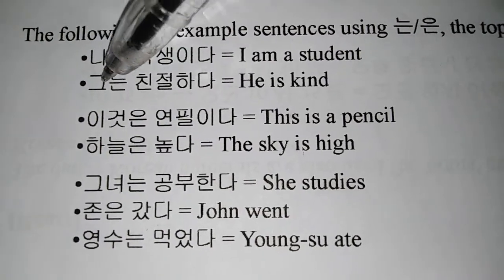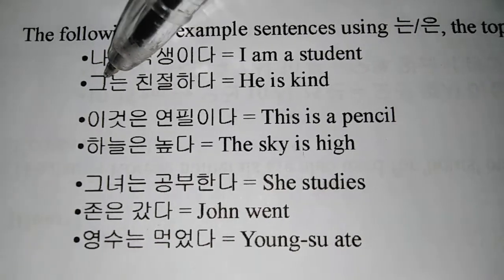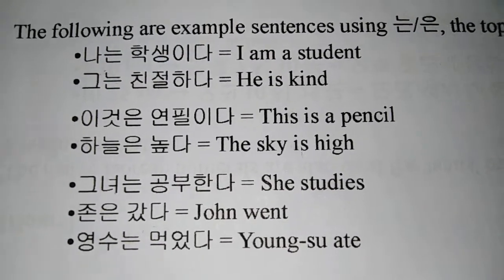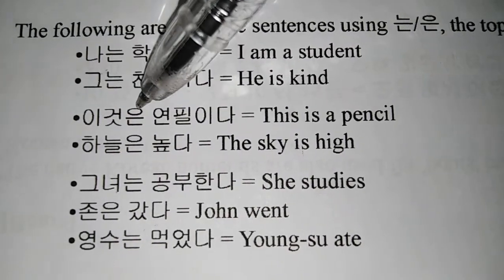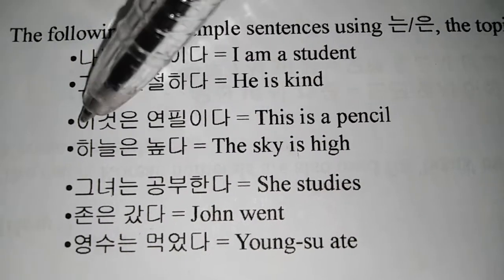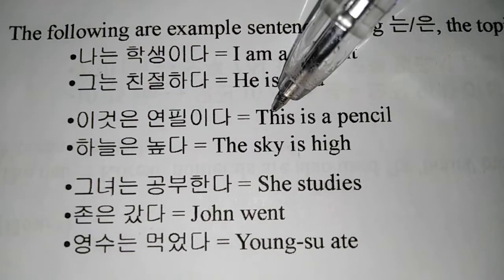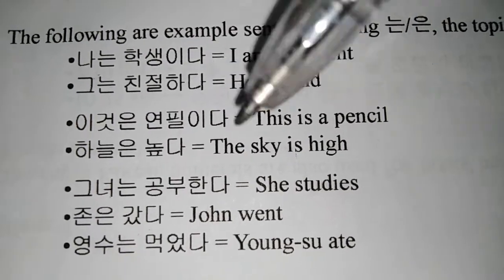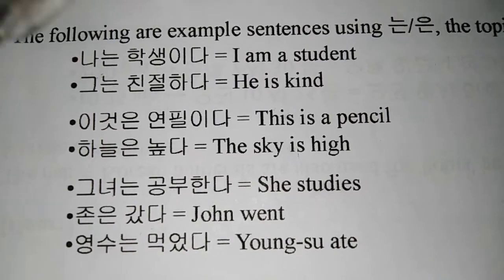So you can take 그 as he. So 그는 친절하다. 친절하다 means kind. 이것은 연필이다. 이것 means this. 연필 means pencil. 이다 is used there to complete the sentence.